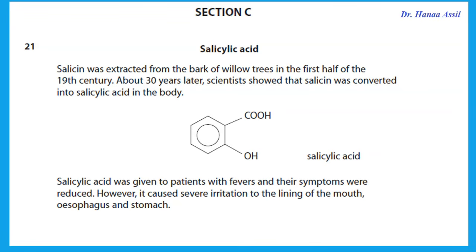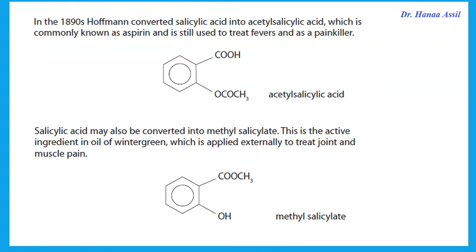However, it caused severe irritation to the lining of the mouth, esophagus, and stomach because it's an acid. So in the 1890s, Hoffmann converted salicylic acid into acetylsalicylic acid, which is what we call aspirin, and is still used to treat fevers and as a painkiller.